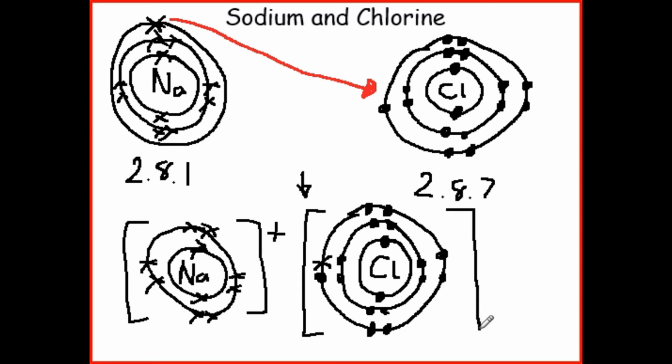And then what we do, put it in the square brackets, give it a negative, and then because we've got 1 positive charge here, 1 negative charge here, they cancel out, and what we've actually made is our formula NaCl, sodium chloride.